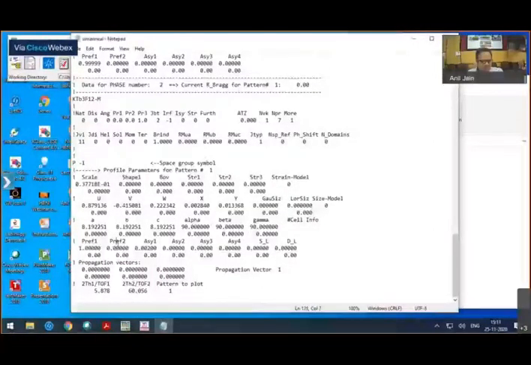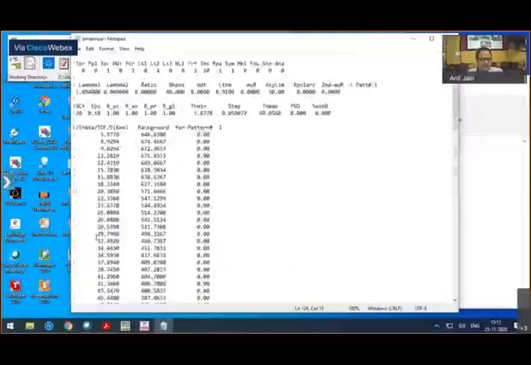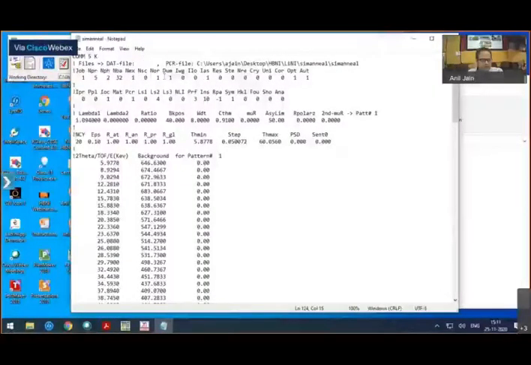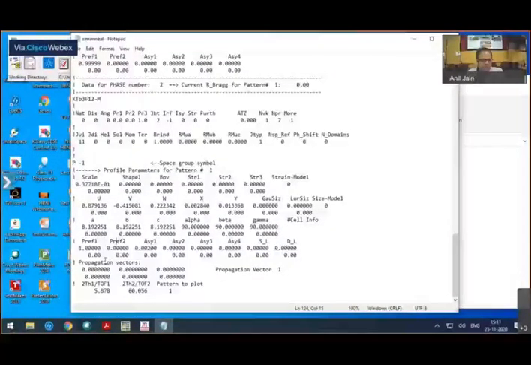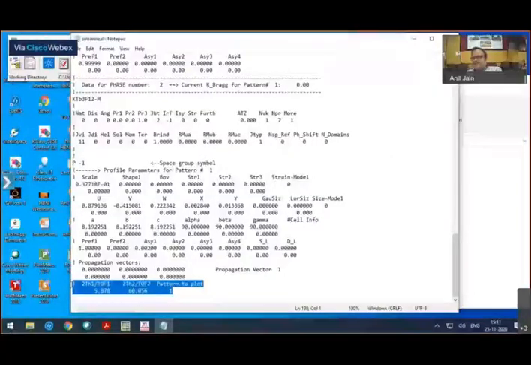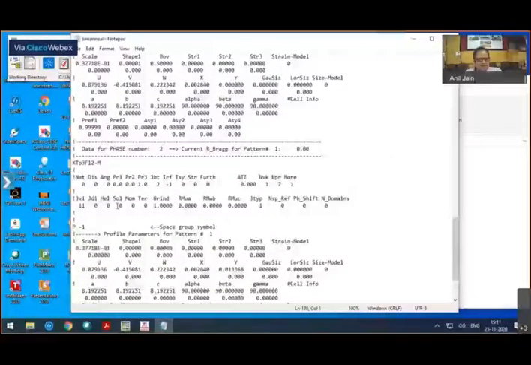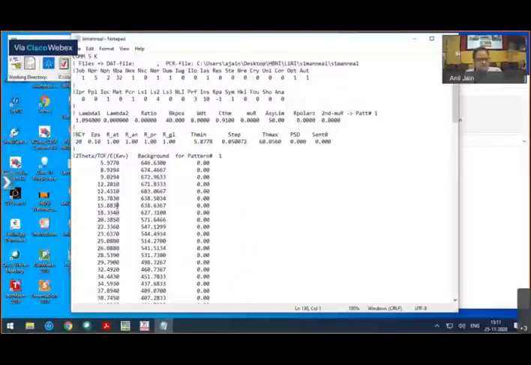This preferred 1, preferred 2, if you are using NOR equal to 1, then I should use 1, 0, and all asymmetry and other things I can put 0. Here I have to put the propagation vector, which is 0, 0, 0 in our case, and this line is the same as in the case of the nuclear phase. So this is how we make this PCR file.